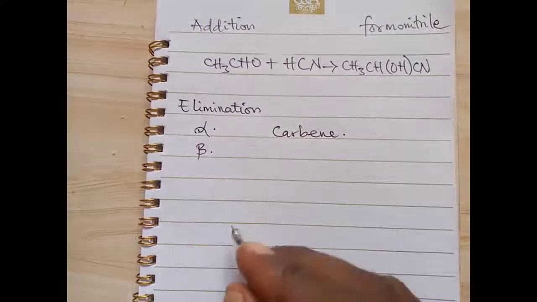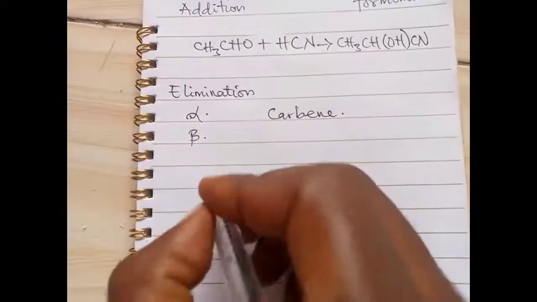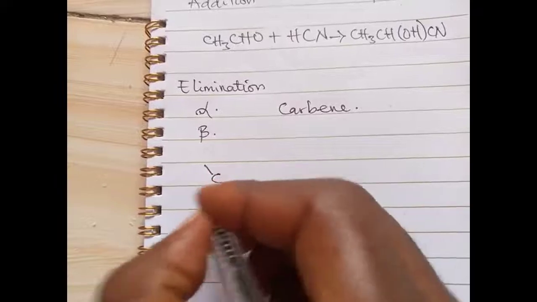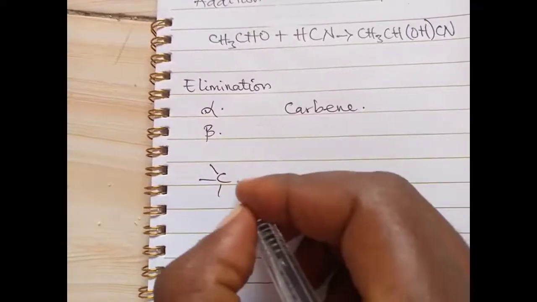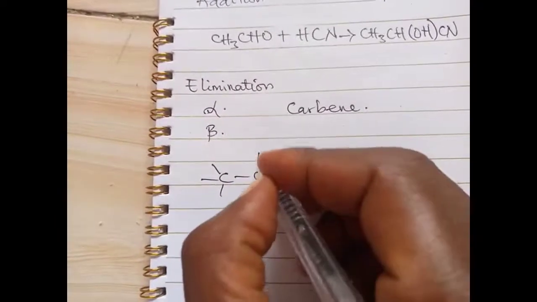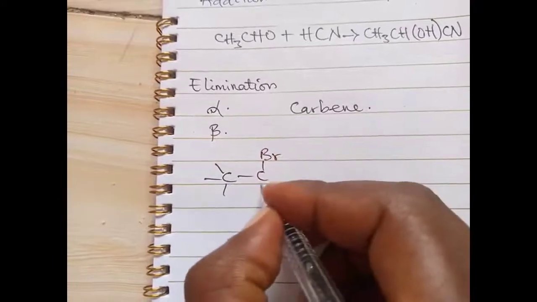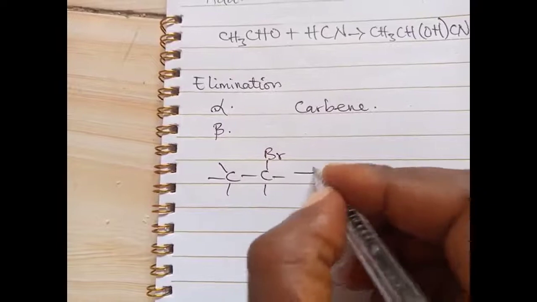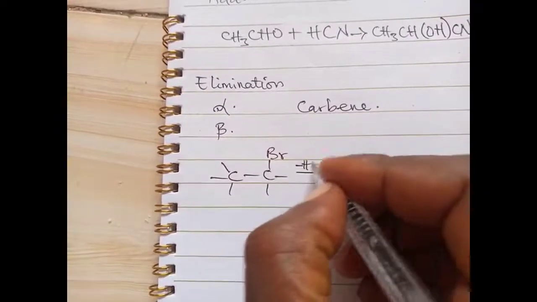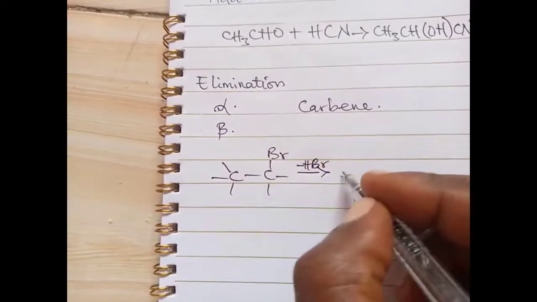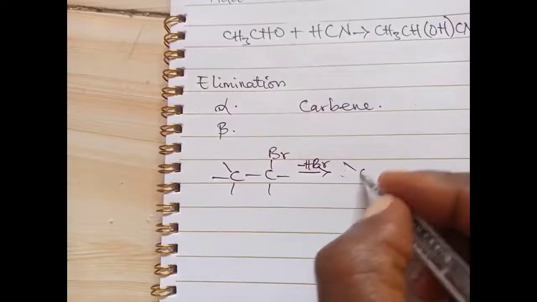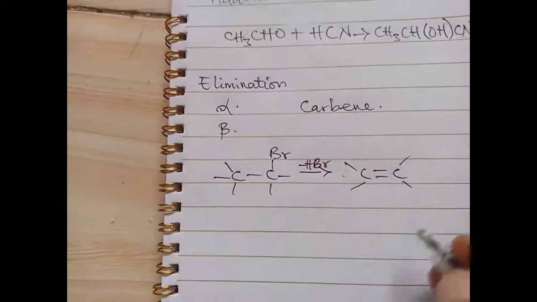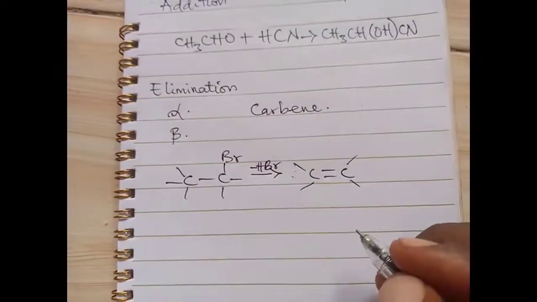So we'll look at an example. This example is that if we have ethyl bromide and let's say we remove hydrogen bromide from it, we're going to get a double bond. We're going to get an alkene.